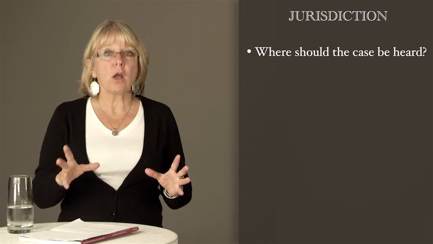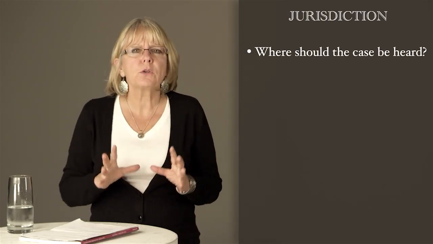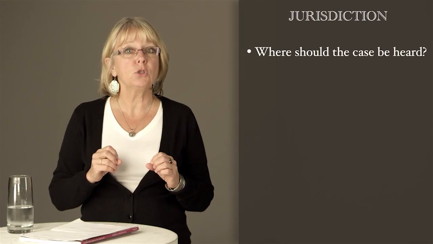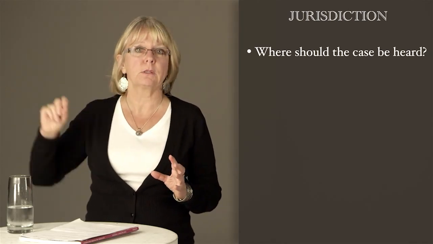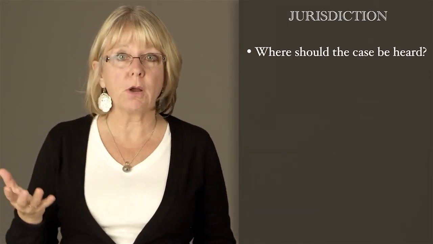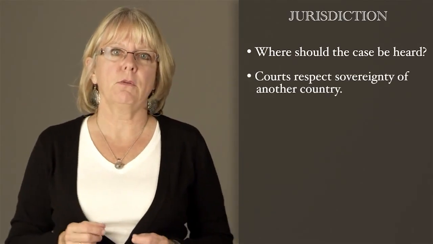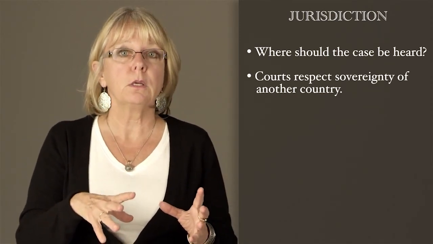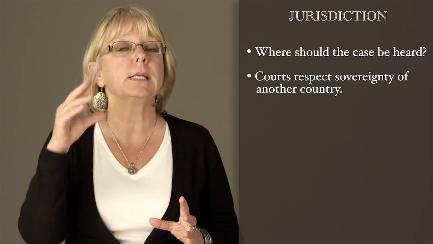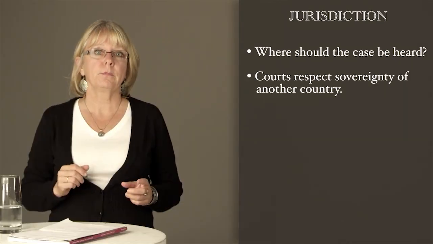As we have seen in talking about sovereignty, courts are careful about accepting jurisdiction over cases involving other countries. Like national governments, they respect sovereignty, that is, the right and the duty of a country to have a local case decided in its own courts.